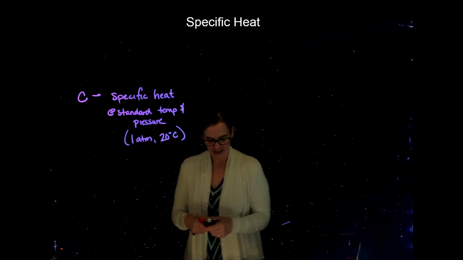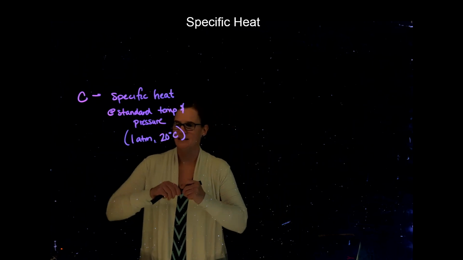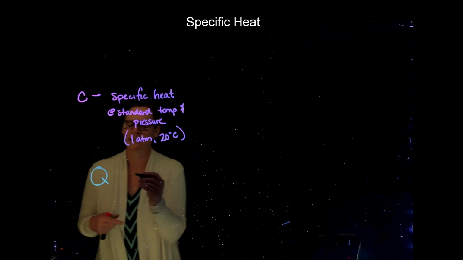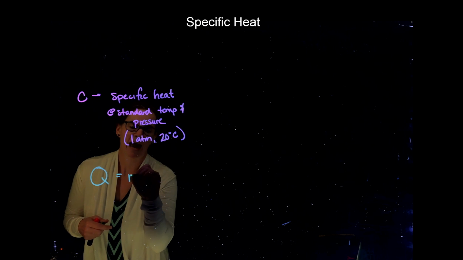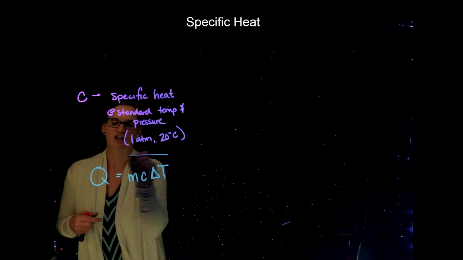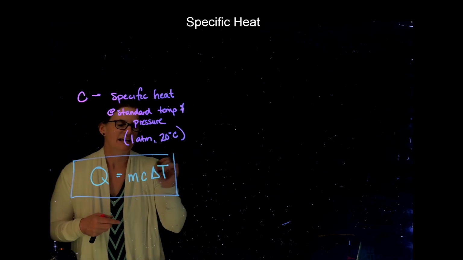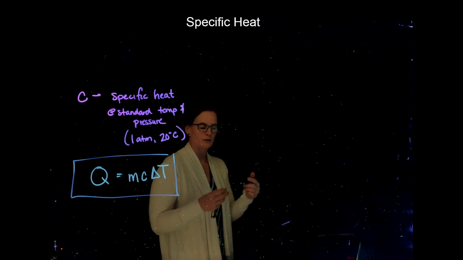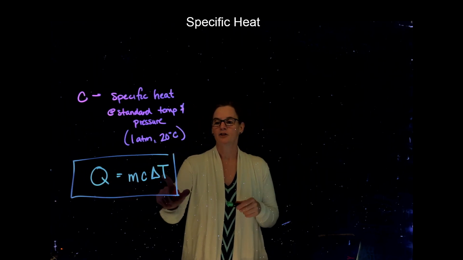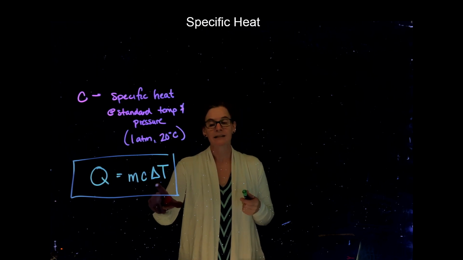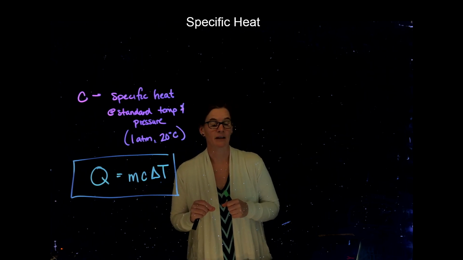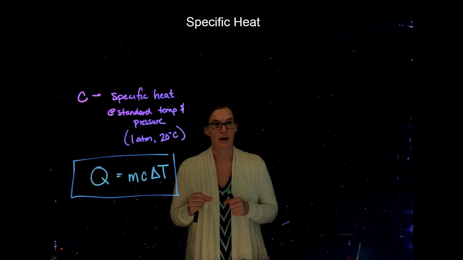And we find that the relationship between all of these things is that the heat, Q is our heat, is equal to the mass times the specific heat times the change in temperature. And this governs how much energy, heat, is required to change a certain object of a given mass by a specific amount of temperature, okay?